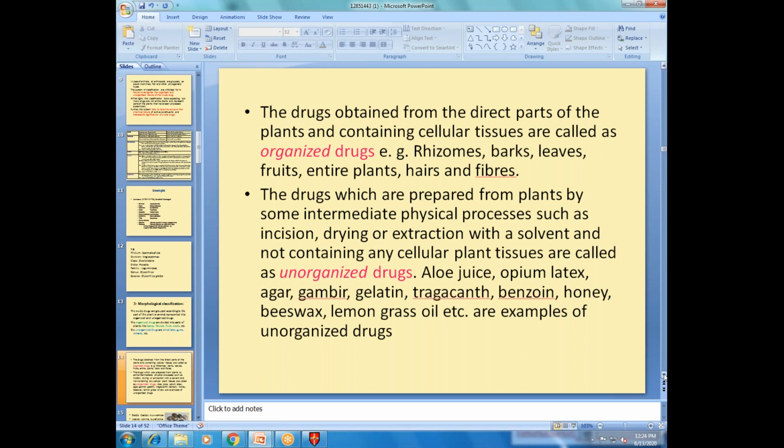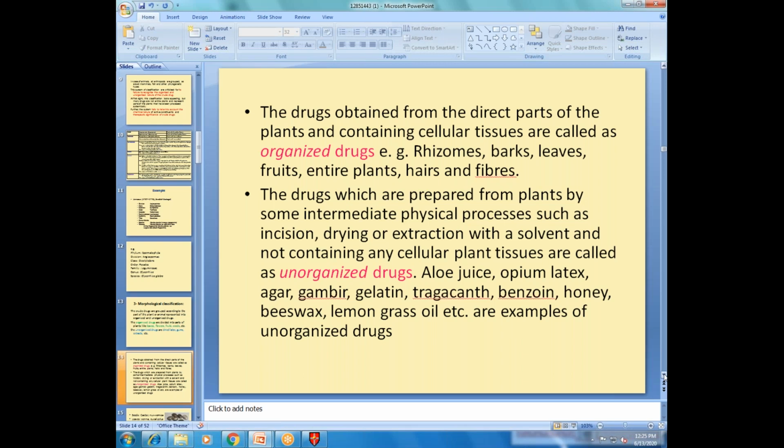These are obtained by making an incision, or drying, or extraction with a solvent, and do not contain any cellular plant tissues. When you take that incision material, when it oozes out, it does not contain any tissues or cells.